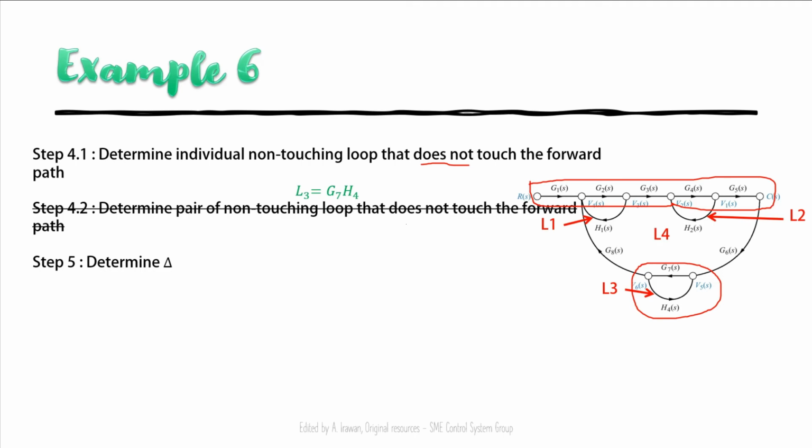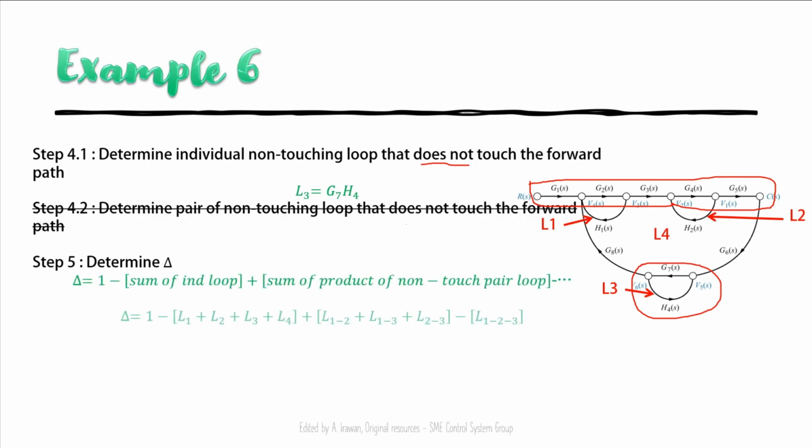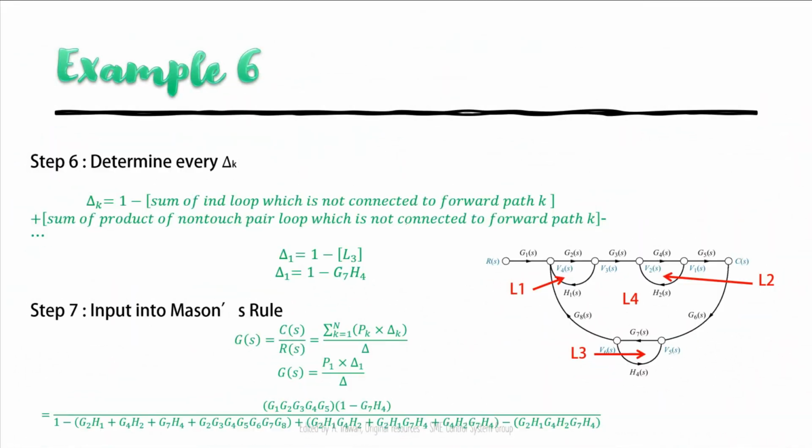We jump straight to step 5, how to determine the delta. Go back to the formula of the delta, and then we bring the formulas that we found into the delta like this. Then we can get the formula for the delta. We go to step 6 with the delta k. We go back to the delta k formula and bring all the components needed.